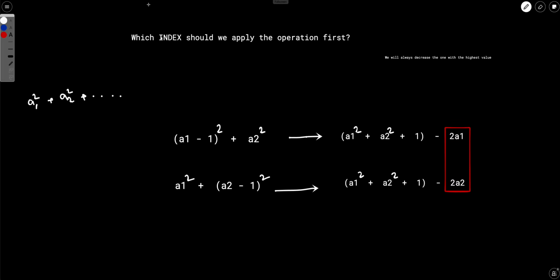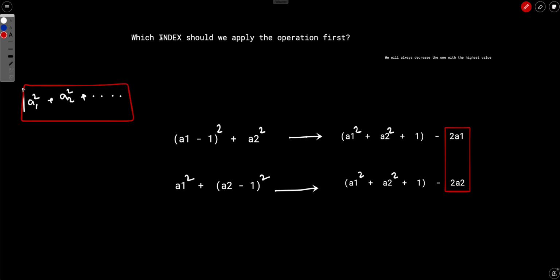The next question is, we understand what happens when we apply an operation on a single index. Now which index should we apply the operation on? So let's say finally we have this sum, right? A1 square plus A2 square plus dot dot dot up to An square. Now we have to decrement this entire sum.